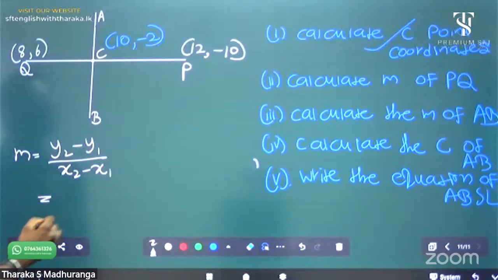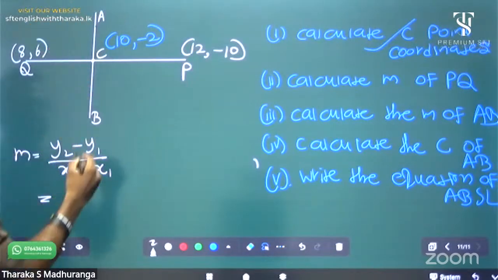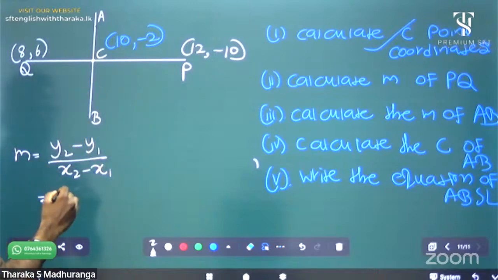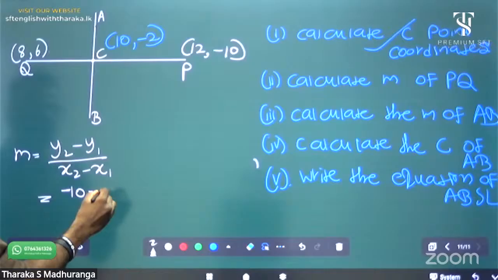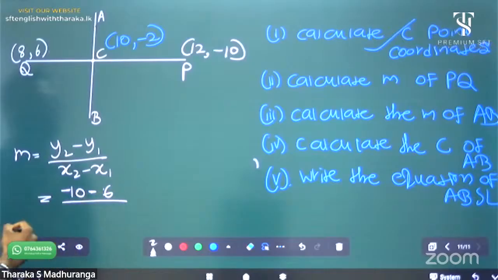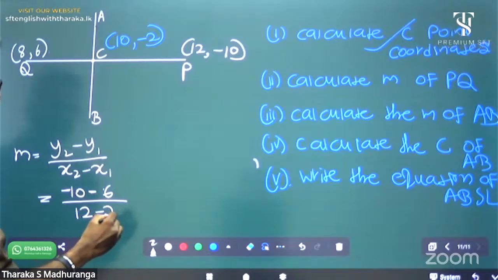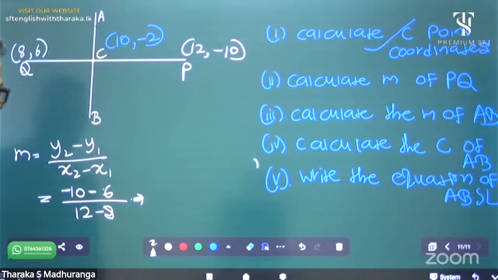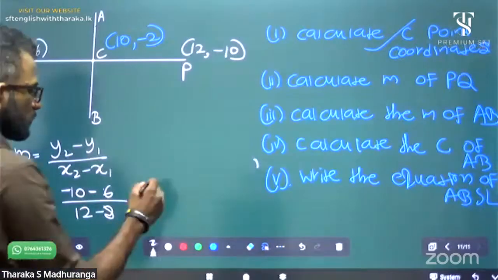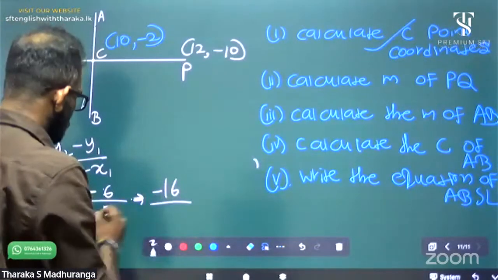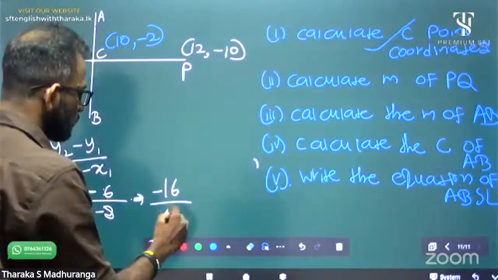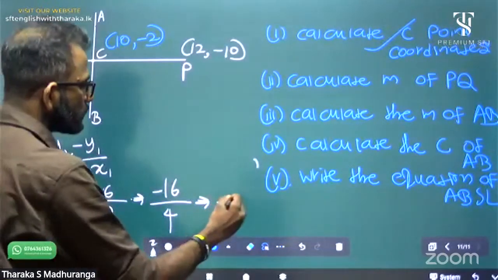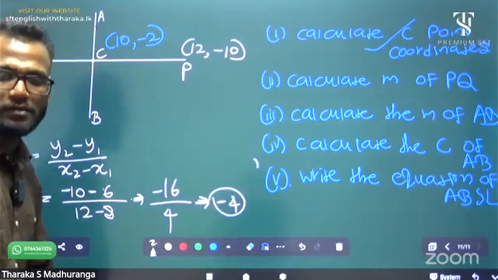Y2 minus y1 means minus 10 minus 10, minus 6 over 12 minus 8. Minus 10 minus 6 is minus 16. Minus 16 over 12 minus 8, it is 4. Then what's the value? Minus 4 is the answer.